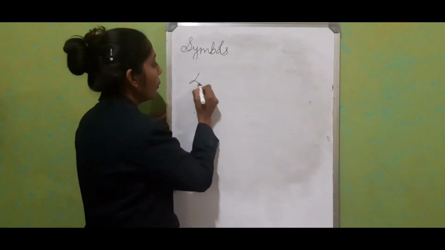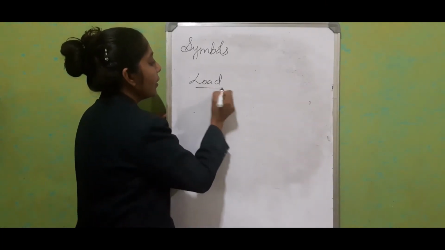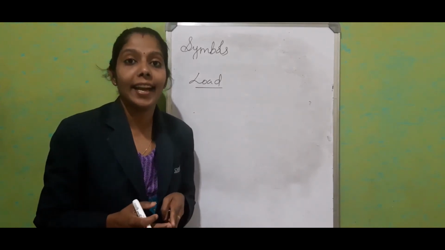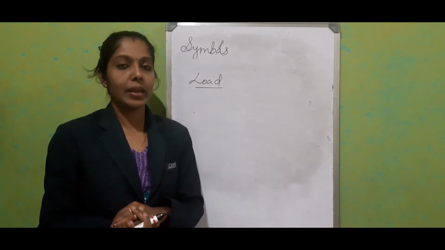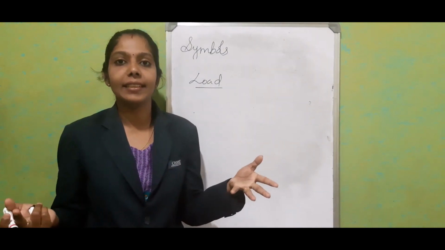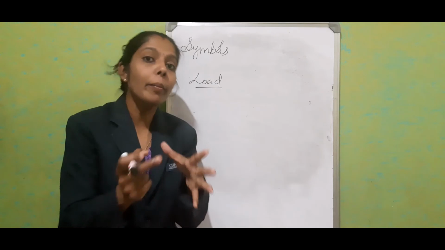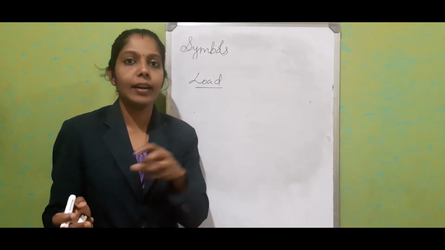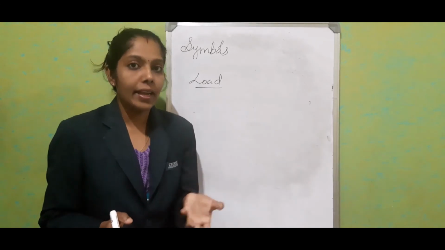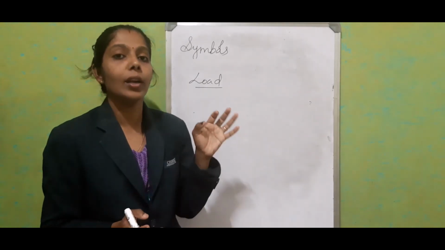Next one, load. Load is the appliance which is connected in the circuit. It can be a fan, bulb, heater, TV, or a combination of different appliances. What is connected as an appliance in the circuit is called load.